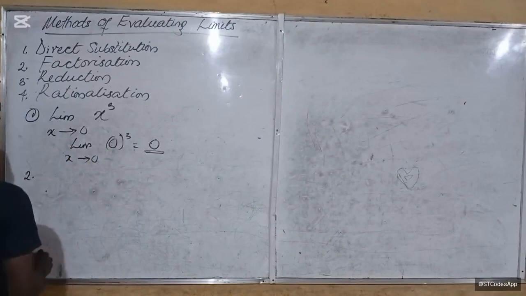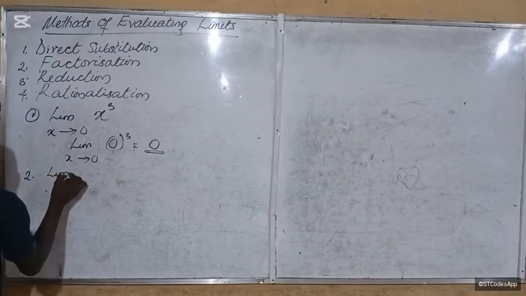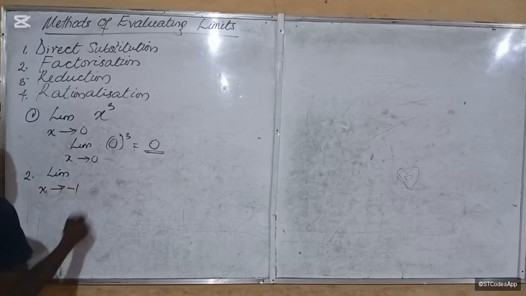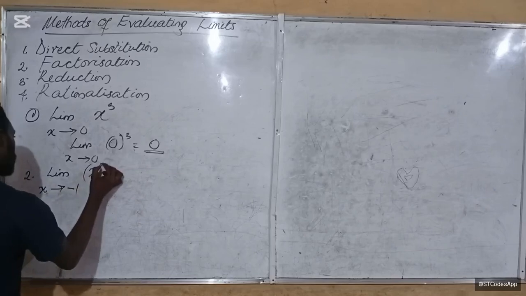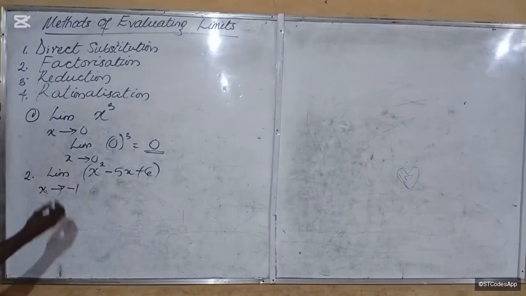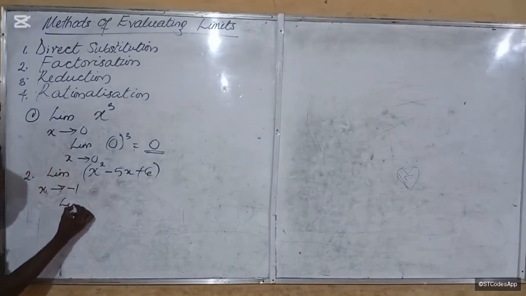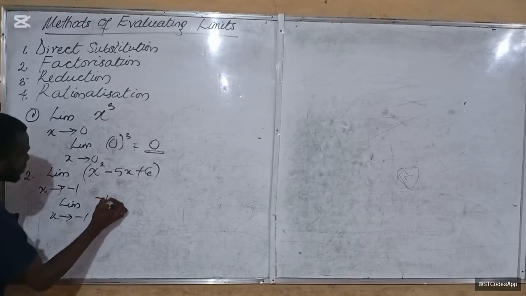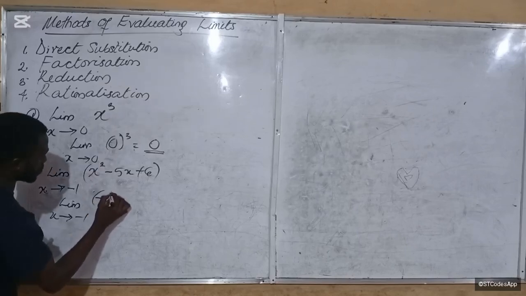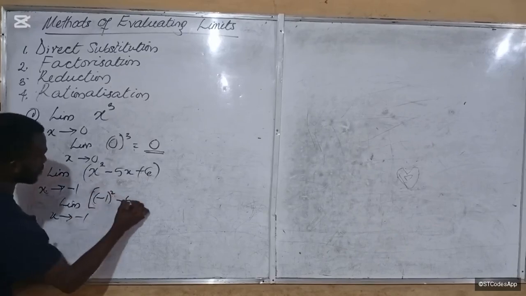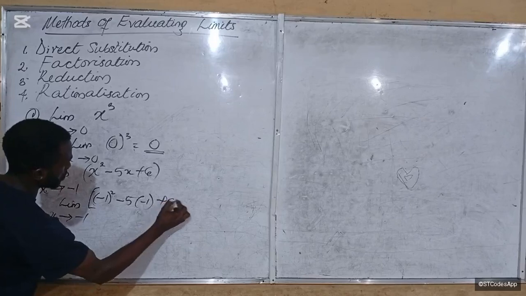Now the next one says find the limit as x approaches -1 of x squared minus 5x plus 6. We can also use direct substitution for this one. We're going to have the limit as x approaches -1 of (-1) squared minus 5 into bracket -1 plus 6.